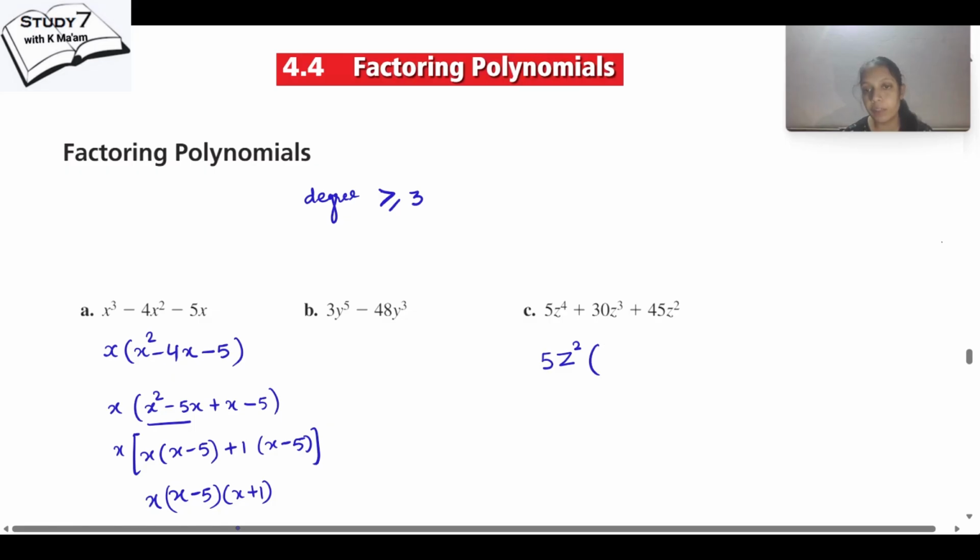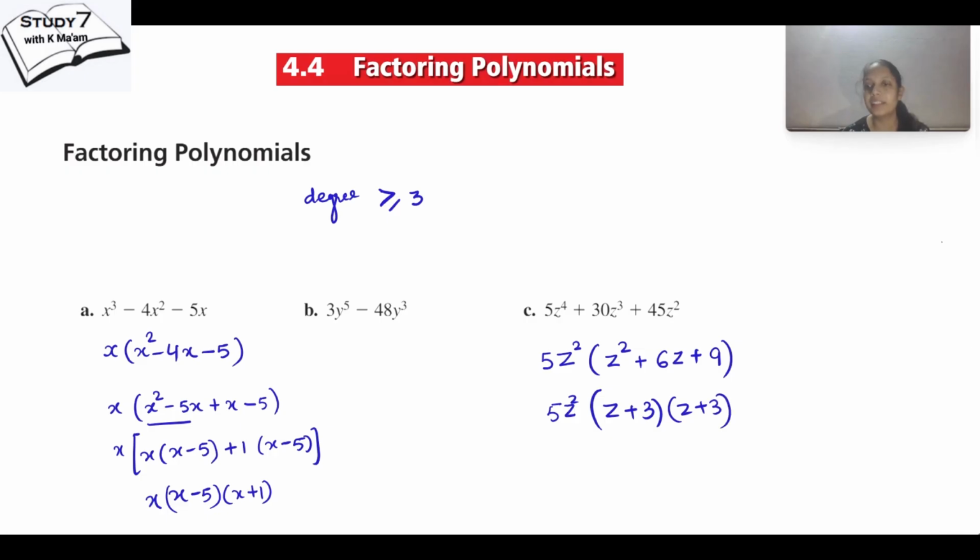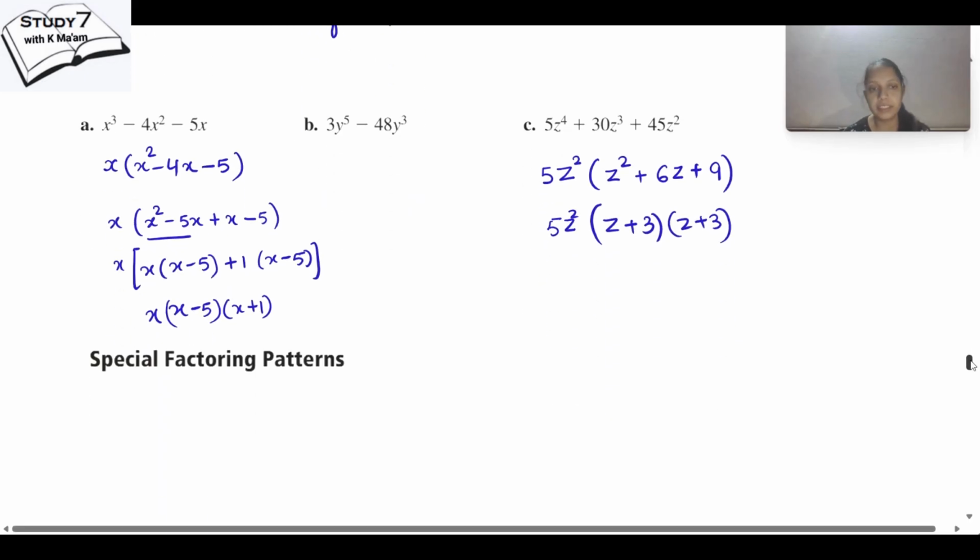And then I am left with z square. 5 6s are 30, so 6 times z left. 5 9s are 45, so 9 left, because z square we already took common. 5 z square as it is. And if you see carefully, what is that? It is the formula of a whole square, for z plus 3. This is the formula of z plus 3 whole square. That means it is a factor 2 times. Okay. This is done. See next.